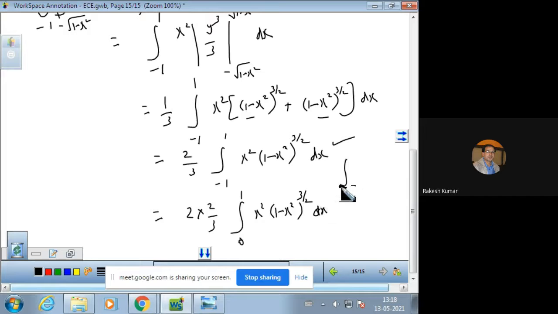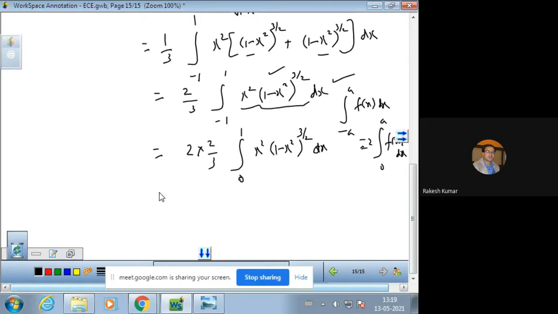This was your property: the integral from minus a to a of f(x) dx will be 2 times the integral from 0 to a of f(x) dx, as the function is even. So this function is an even function, so you can use this property, and this will be 4 upon 3 times the integral from 0 to 1 of x square into 1 minus x square raised to power 3 by 2.